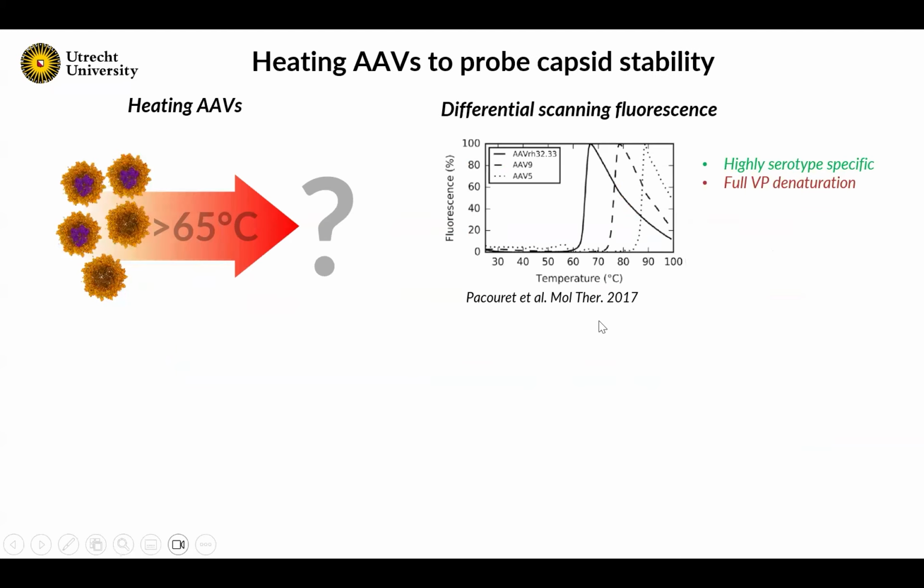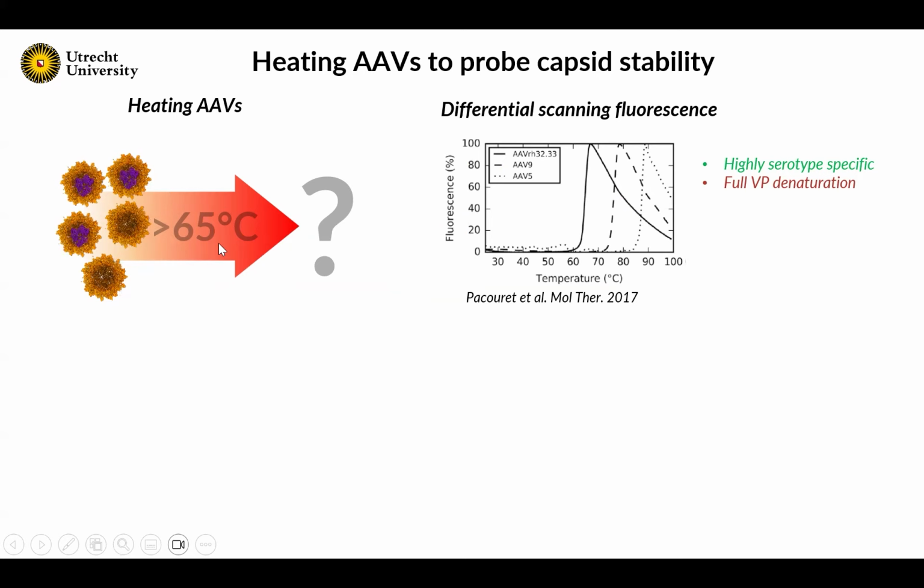So in the past, research has been done, of course, on determining the stability of AAV capsids, and what usually has been done is incubating the capsids at higher temperatures, for instance 65 degrees or even higher, and seeing what happens to the AAVs.